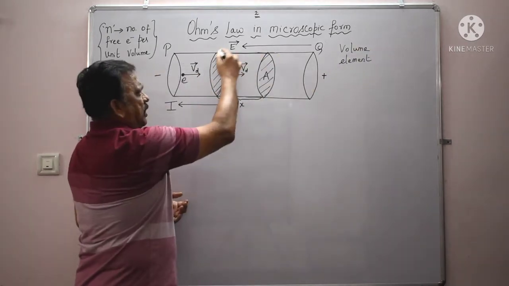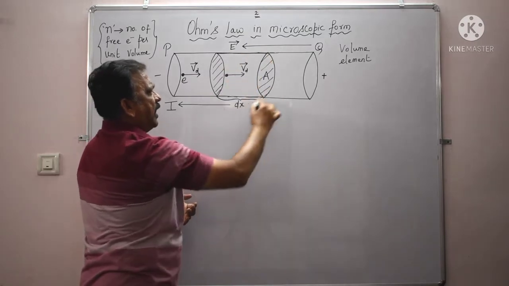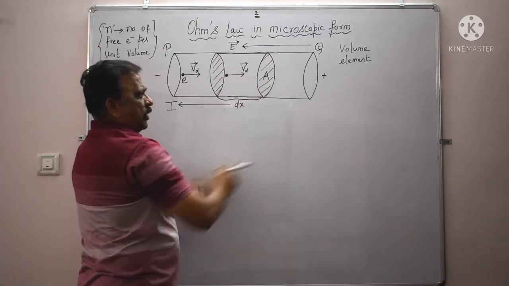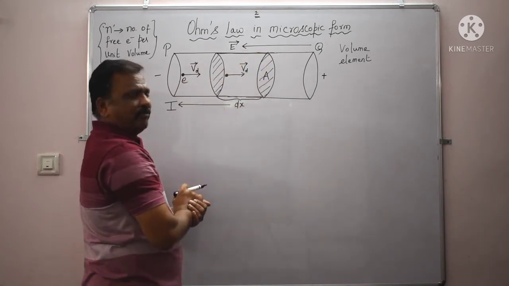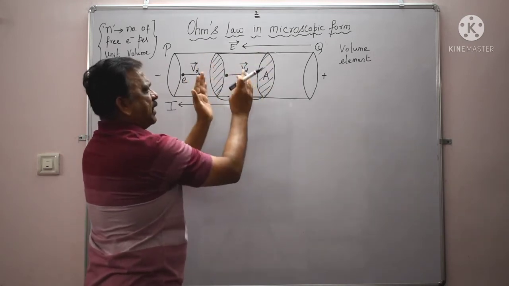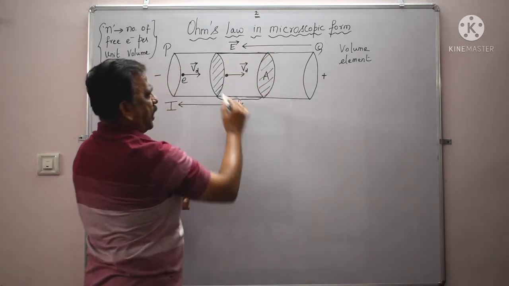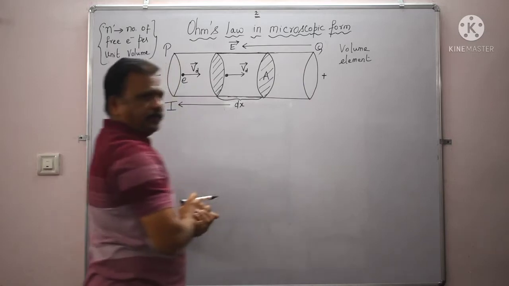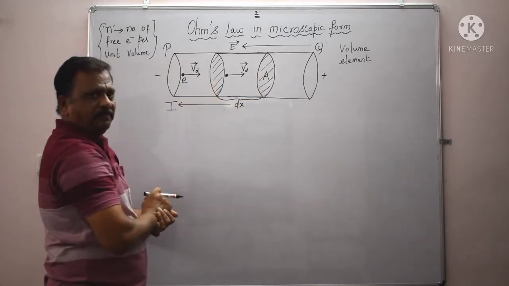Its volume is going to be infinitesimally small. Let the length of this portion be dx.